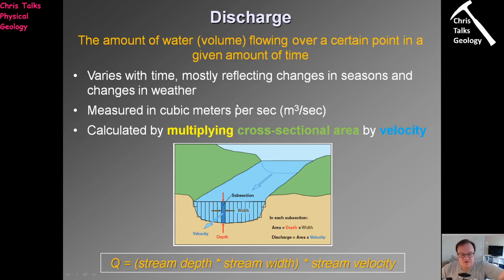So the equation is down at the bottom here, Q. Q essentially equals the stream depth multiplied by the stream width, that's our area, multiplied by the stream velocity. So it's a very simple calculation. Now, how we actually get to this stream area is a little bit more complicated than this formula would suggest, and we're going to be dealing with this as part of the lab.